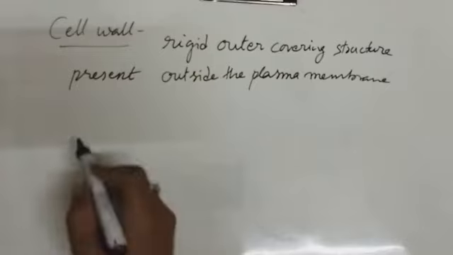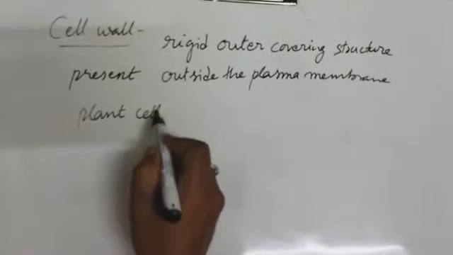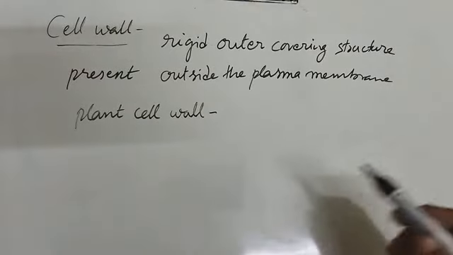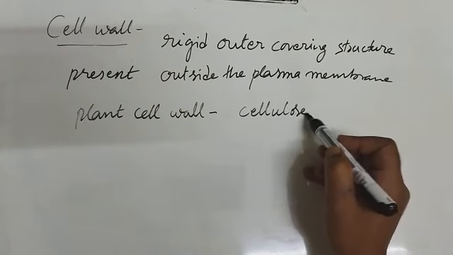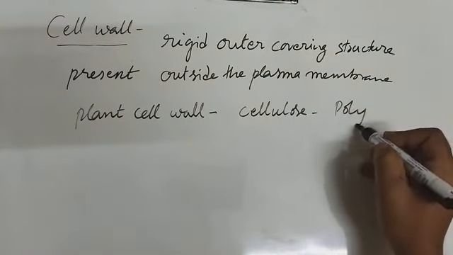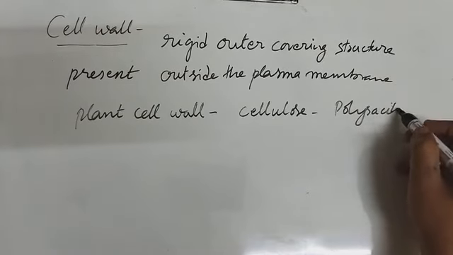In plant cells, the cell wall is mainly composed of cellulose. Cellulose is a carbohydrate, that is, a polysaccharide.